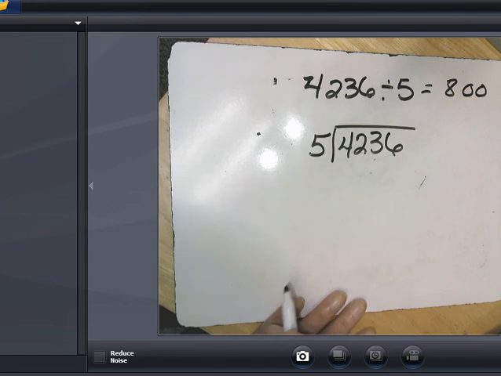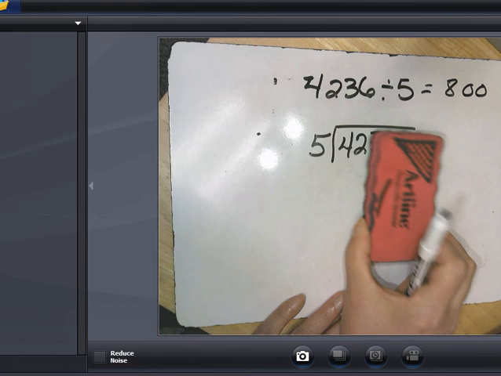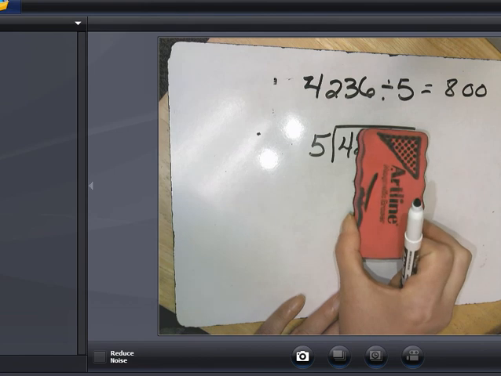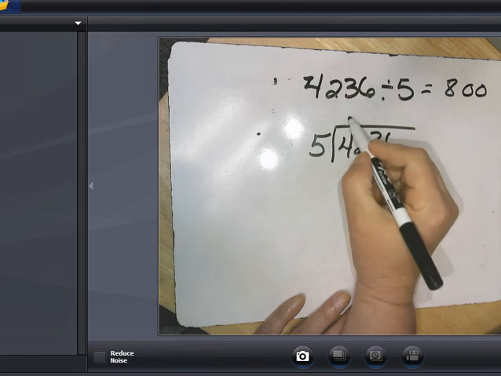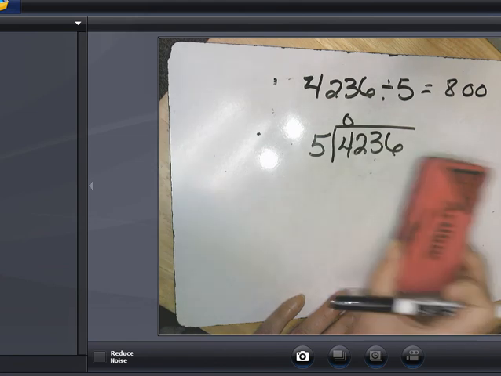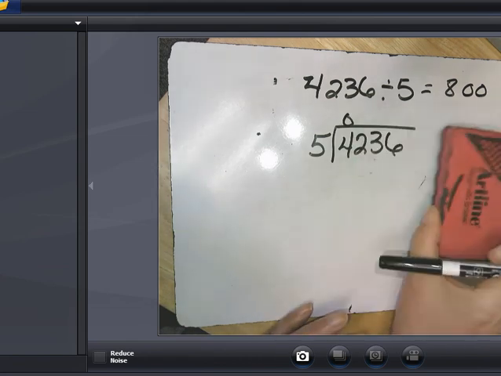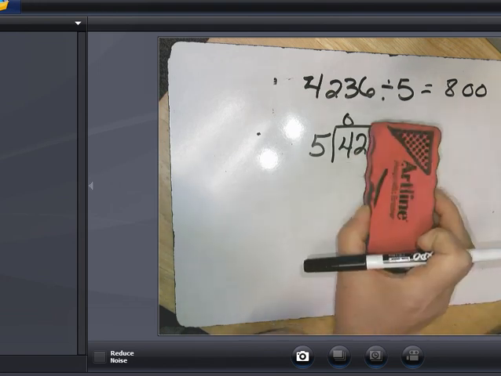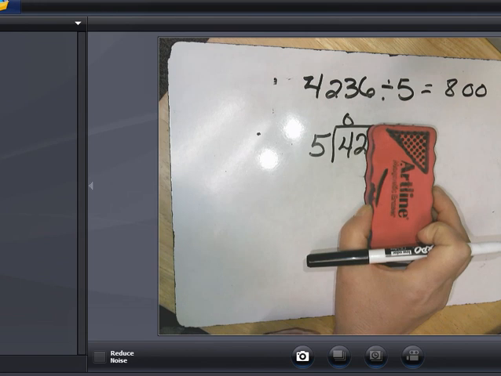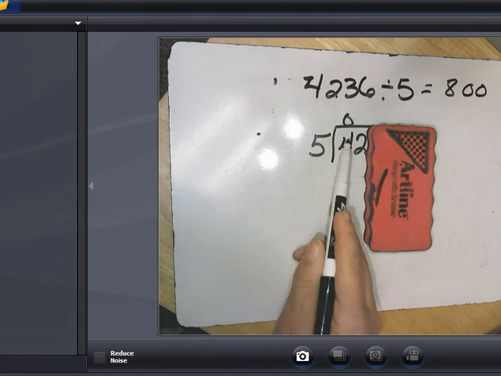Okay, I'm going to look at the ones. Can I divide that? Can 5 go into 4? No. So I'm going to put a 0 there. Not everybody does, but I do to hold my spot. So if I put a 0 there, now I just move over. Now I have 5 times what goes into 42.